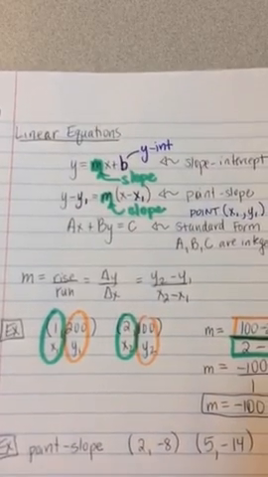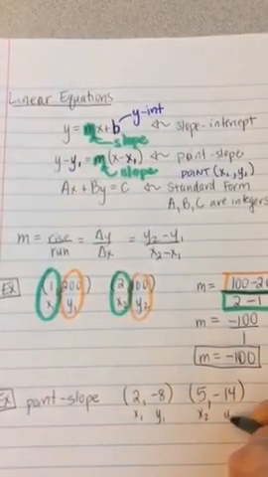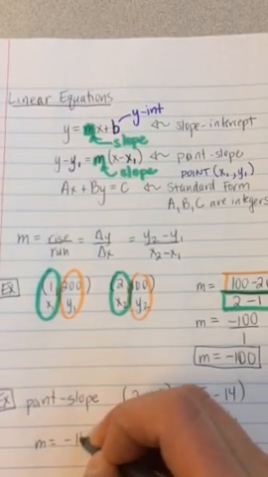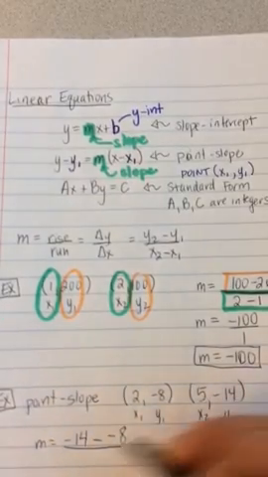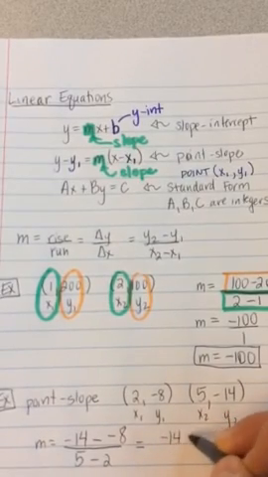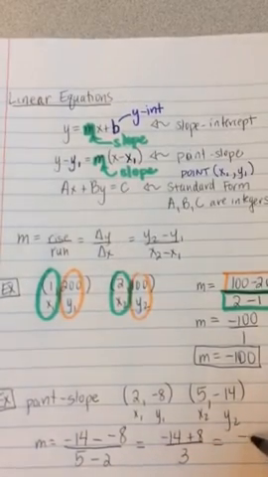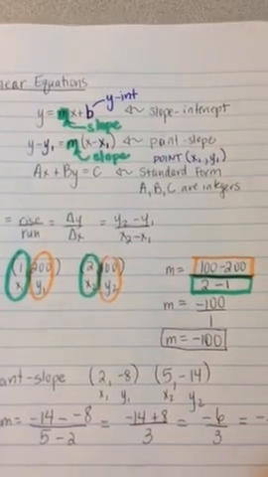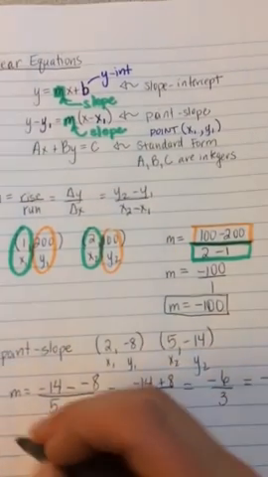We can find the slope just like we did in the previous problem. So x1, y1, x2, y2. So my slope is -2.